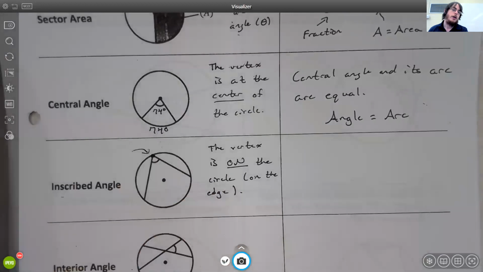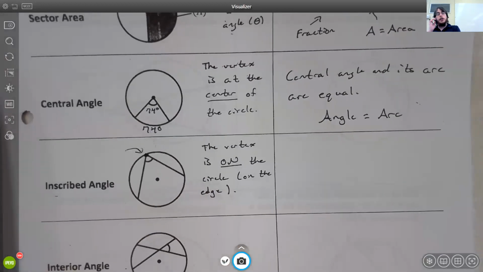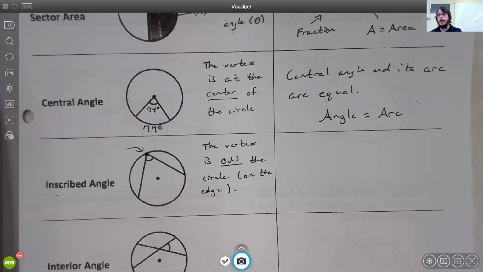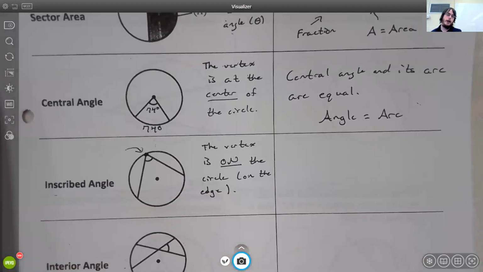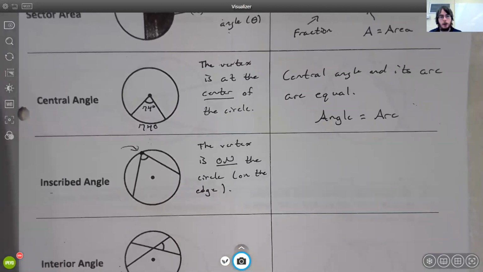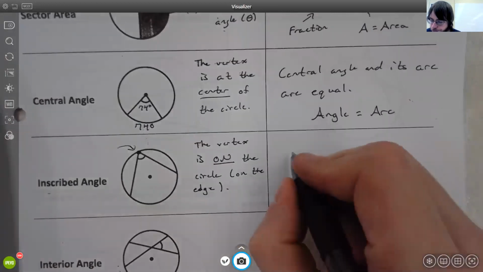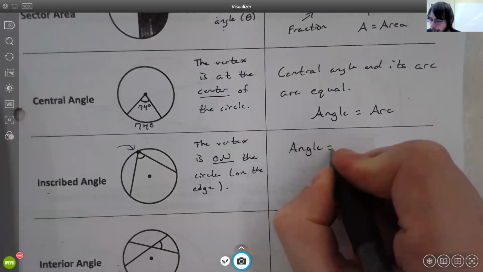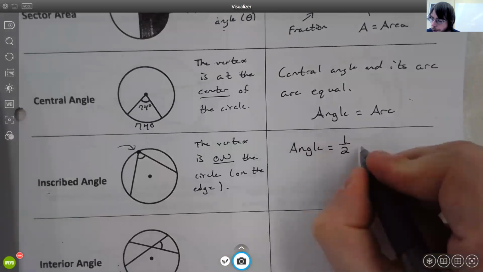With an inscribed angle you have to be a little bit more careful, because it's not as simple as the angle being the same as the arc. For an inscribed angle, the angle is half the measure of the arc.